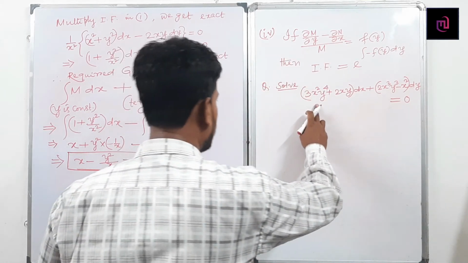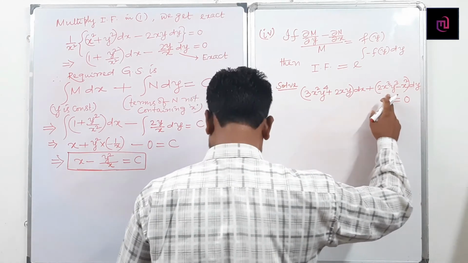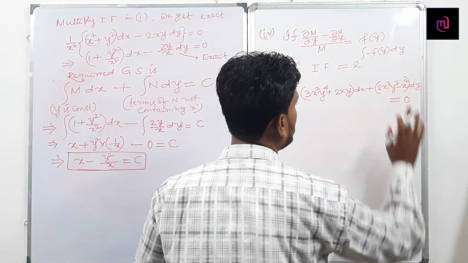What is the problem? 3x square y to the power 4 plus 2xy, whole into dx, plus 2x cube y cube minus x square, whole into dy equals to 0.